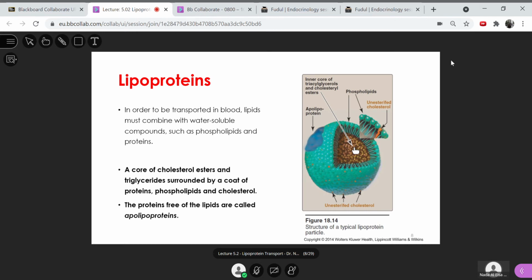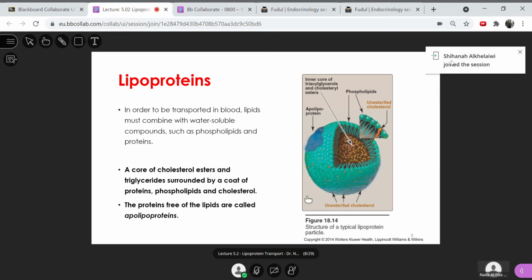So all the hydrophobic compounds, cholesterol esters and triacylglycerols, are clustered in the center of the lipoprotein particle, and they are surrounded by the hydrophilic coat at the outside, which is made up of the hydrophilic substances, the proteins, the phospholipids, and the non-esterified cholesterol. So that's why they are called lipoproteins. So they are particles made up of lipids and proteins in order to transport the hydrophobic lipids in the circulation.